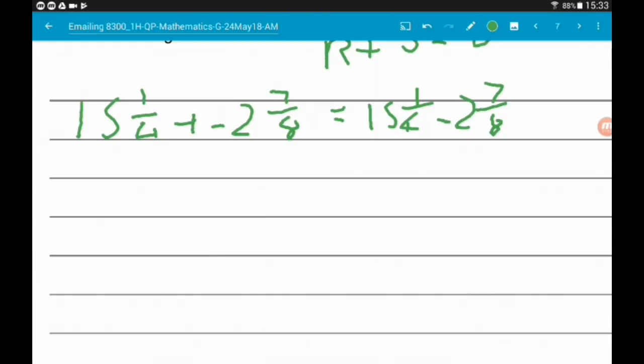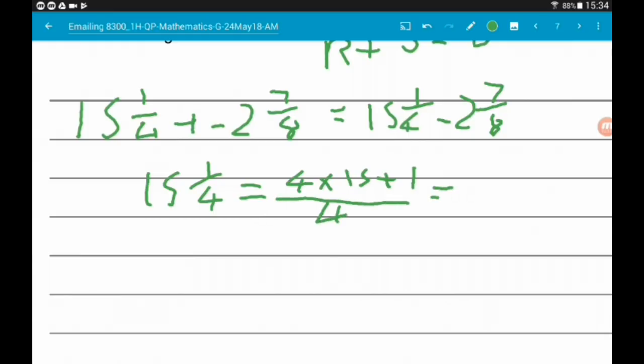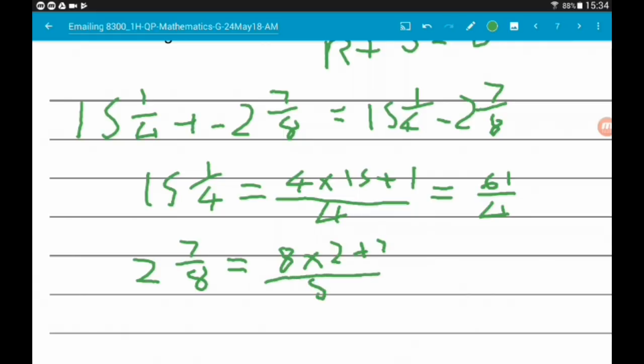So 15 and 1/4 is 4 times 15 plus 1 quarters, so that is 61 quarters. 2 and 7/8 is 8 times 2 add 7 all over 8, so that's 23/8.